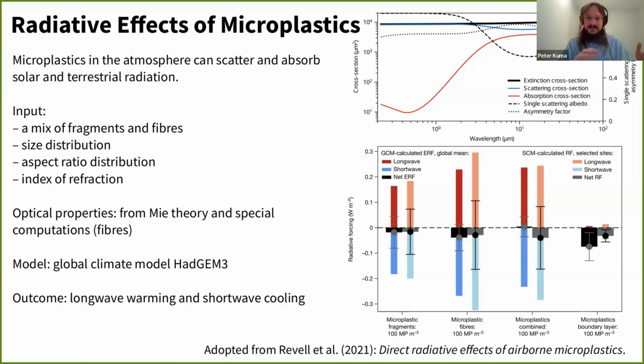And then we put this into a global climate model, and the global climate model can then simulate the radiation change at the top of the atmosphere over time, like what the effect of the microplastics is inside the climate model. And so that's this graph. And yeah, we had the results published in the journal Nature a few years ago.